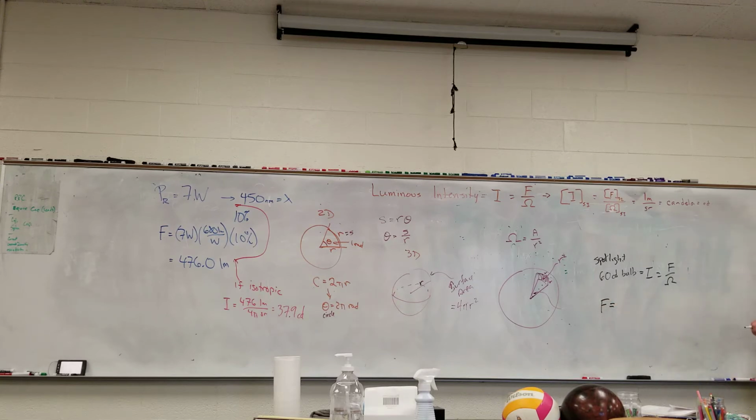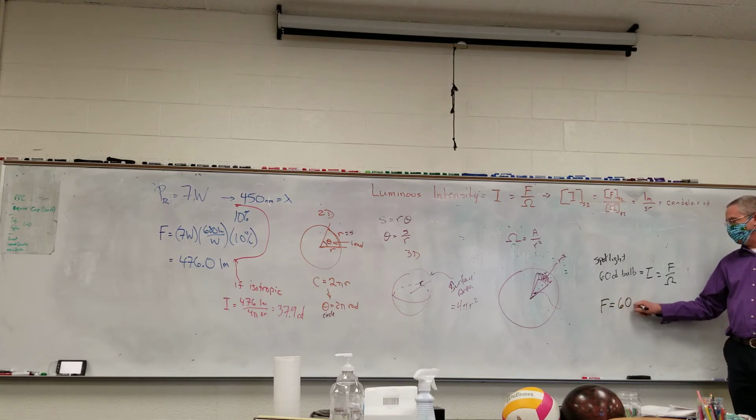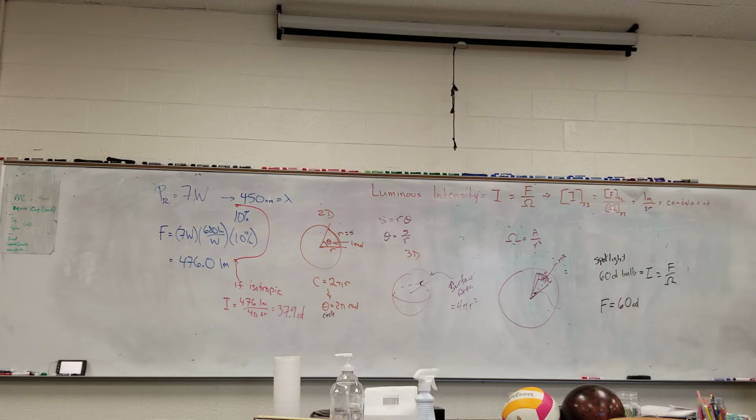So my luminous flux here should be 60 candelas times the solid angle. Since this number here is for light going in every direction, my solid angle would be 4 pi steradians. So my luminous flux is 240 pi lumens, not illumines. Which is somewhere around 750 lumens.